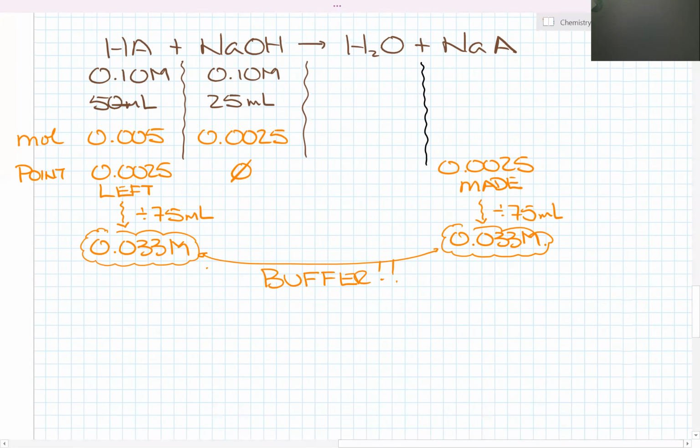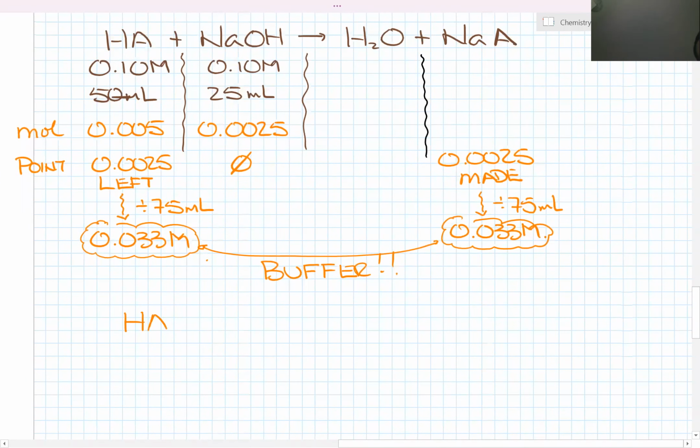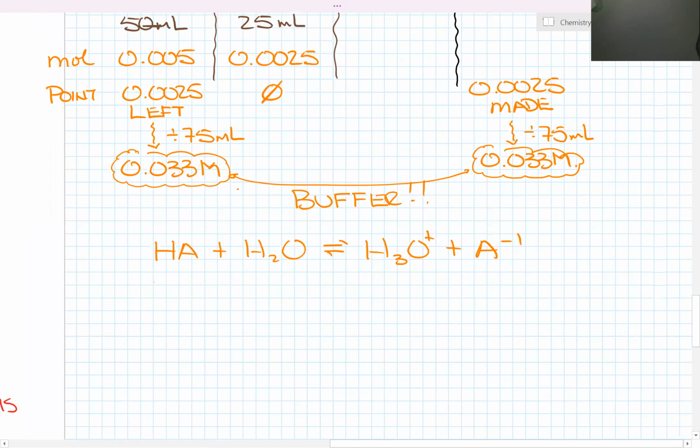So if we were to rewrite this, we would have HA plus water in equilibrium with H3O plus and A minus. Here would be 0.033.